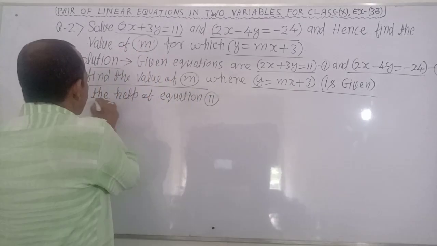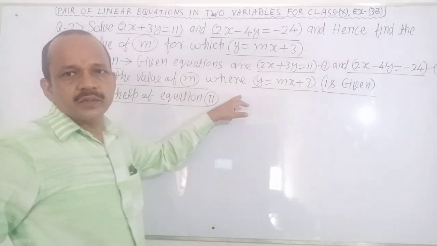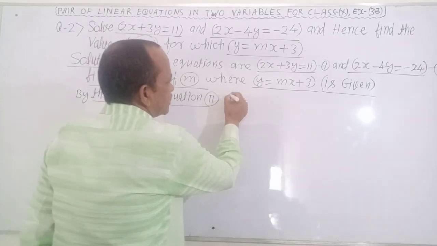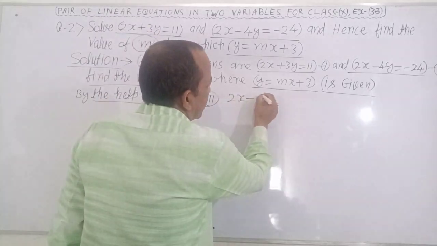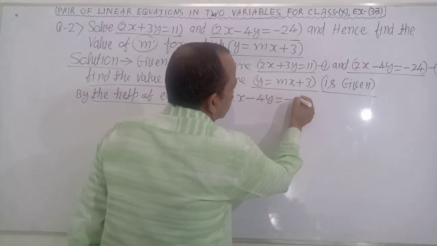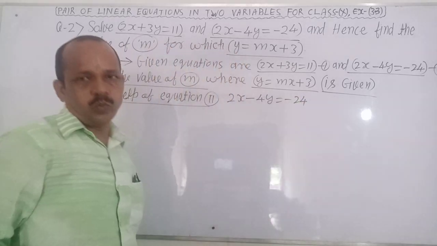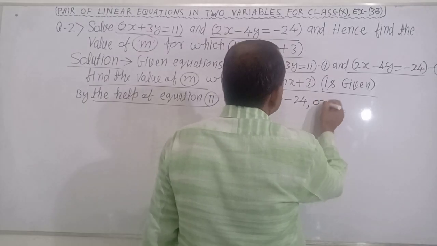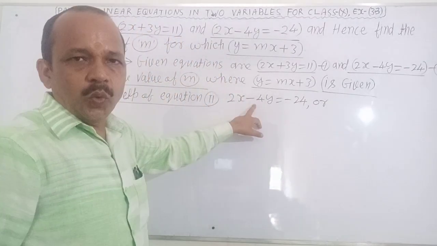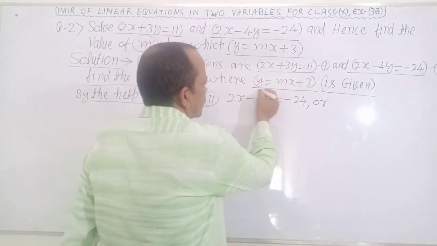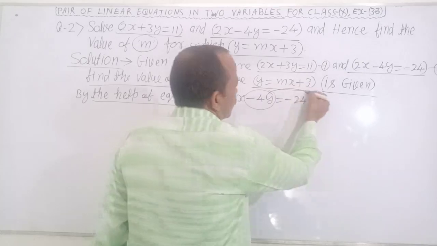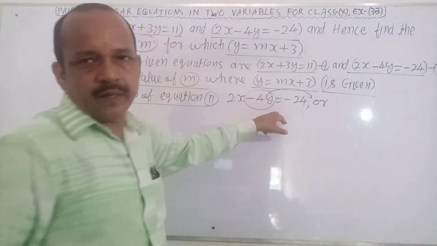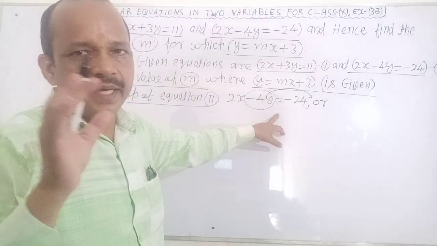By the help of equation second, 2x minus 4y equal to minus 24. Here you can write minus 4y on the right side of equal. Clear?